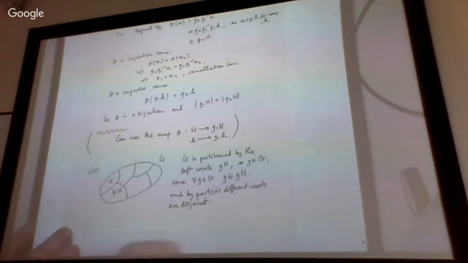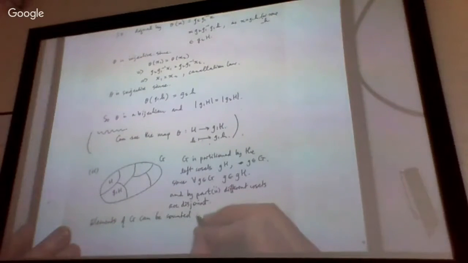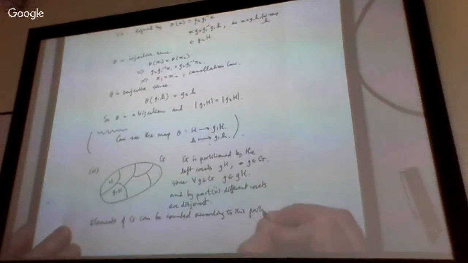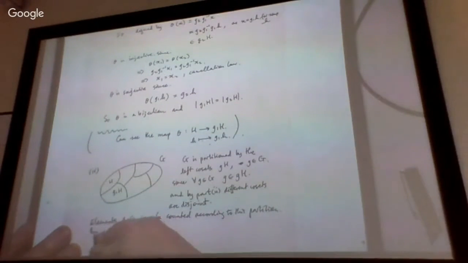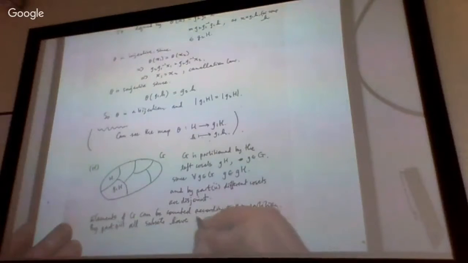So the basic principle is that the elements of G can be counted according to this partition. And by part 3, all subsets have the same number of elements. They all have the order of H elements.